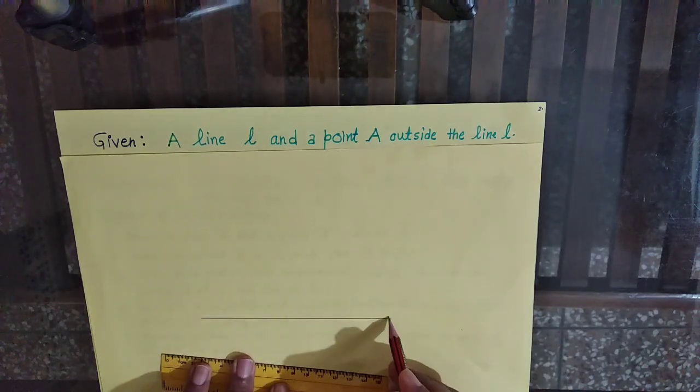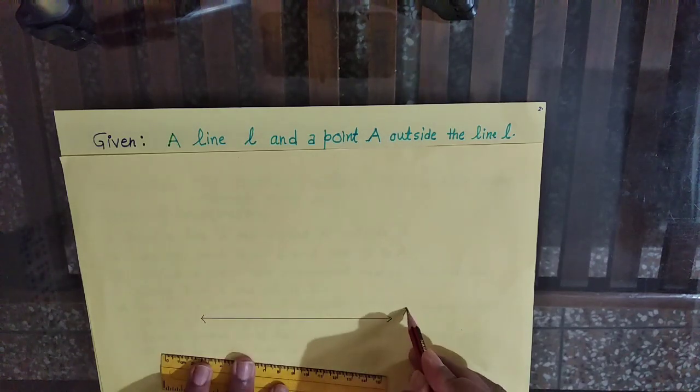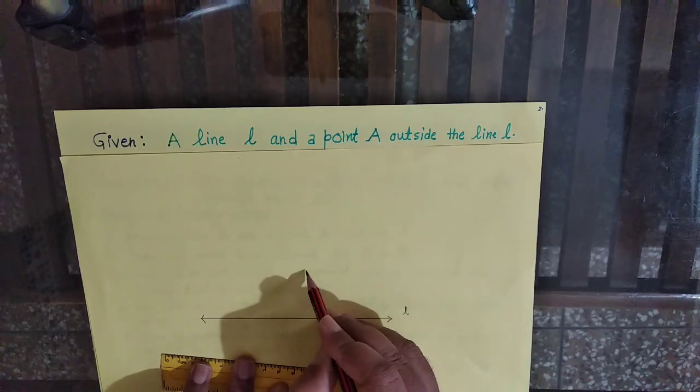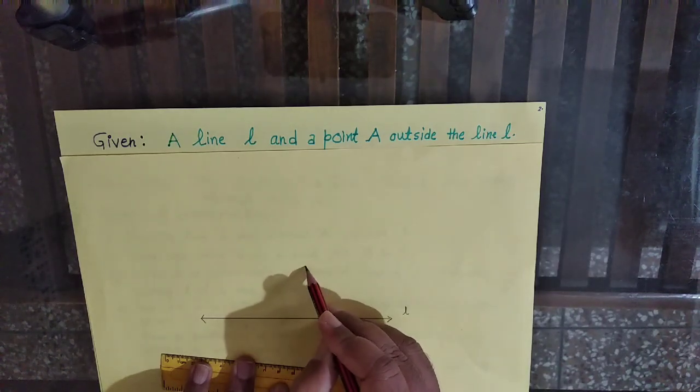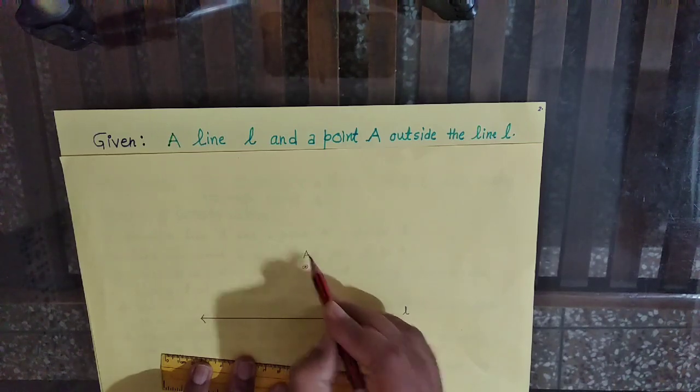Now this is the line L. Take a point A outside the line L. Suppose point A is here.